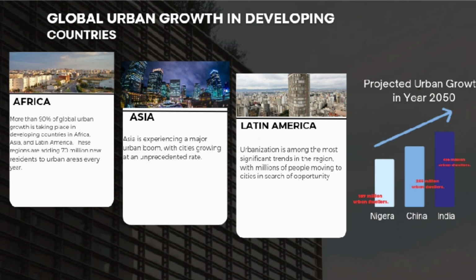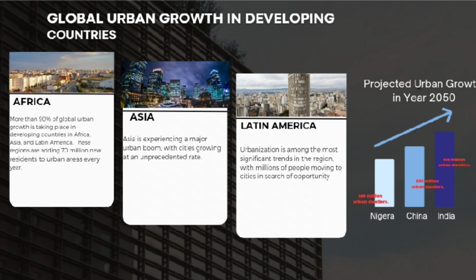Asia is experiencing major urban growth, with cities growing at an unprecedented rate. In Latin America, urbanization is among the most significant trends in the region, with millions of people moving to cities in search of opportunities.